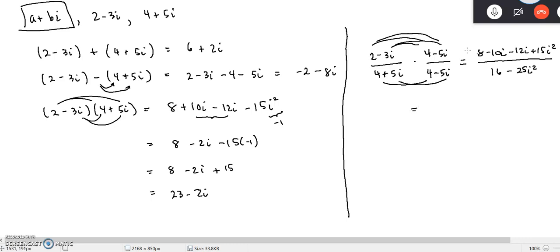All right, so we did all the FOIL, and now we're going to simplify. So on top, we've got 8 minus 22i. I can put those two together. And then again, remember that i squared is -1, so this is going to be minus 15.